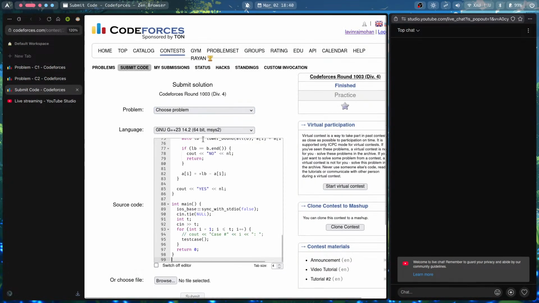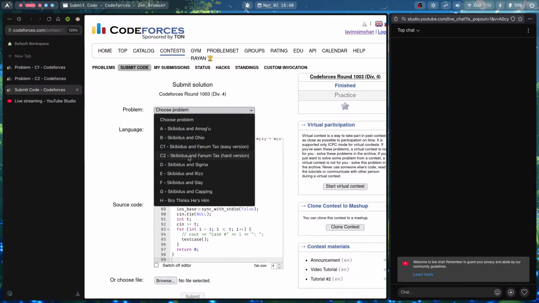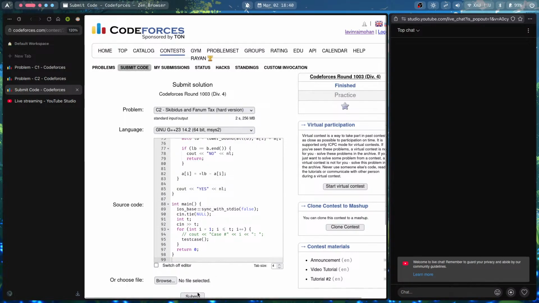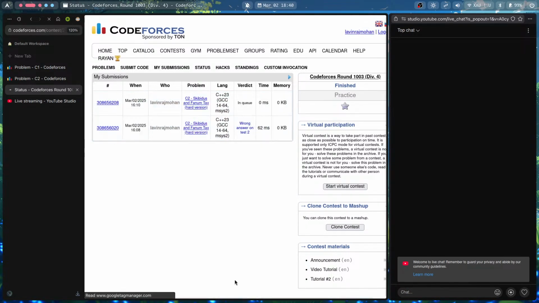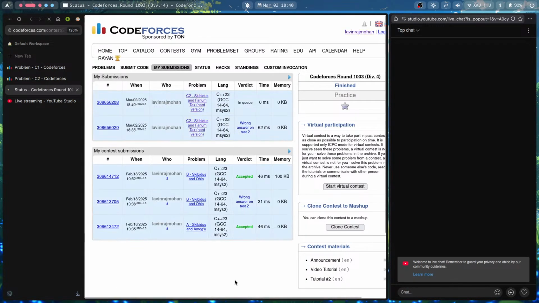Let's see if that's the problem. Codeforces is super slow as always. Oh, come on.